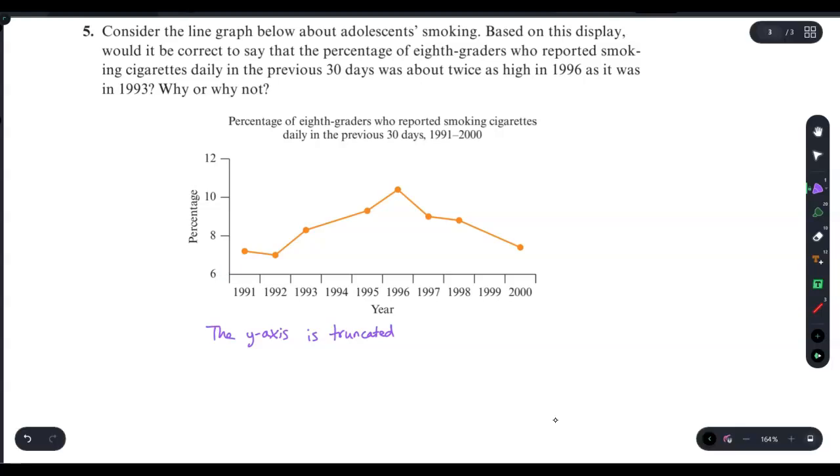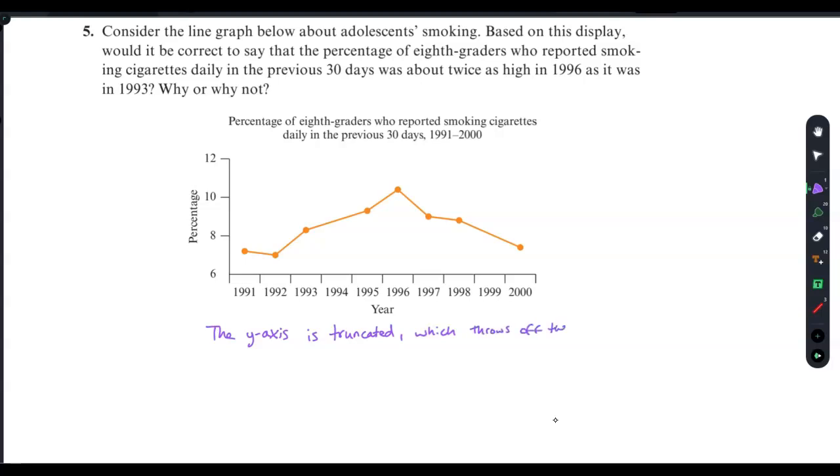However, for bar graphs and also for line graphs, it can absolutely be misleading to truncate things, right? So this throws things off. And when I say throw off, I mean basically makes it hard to compare.